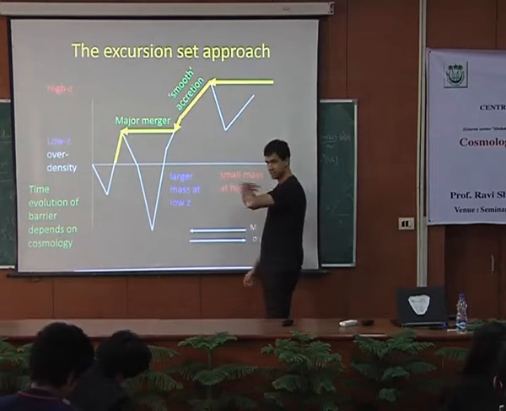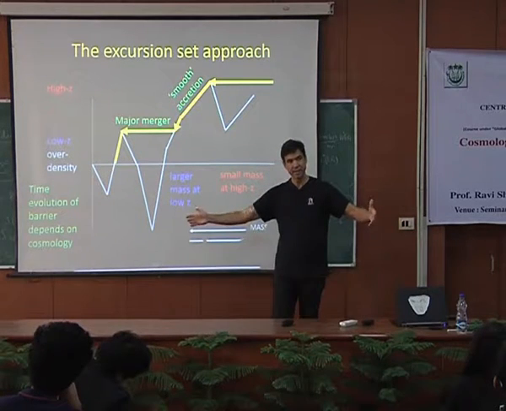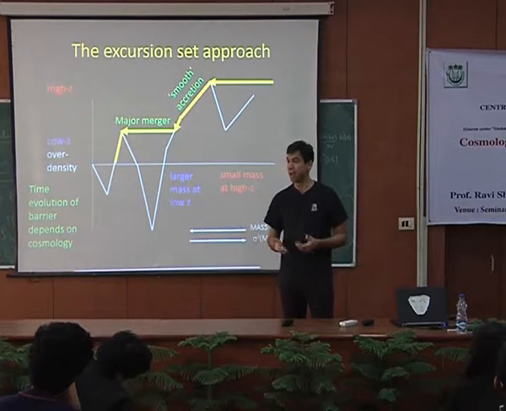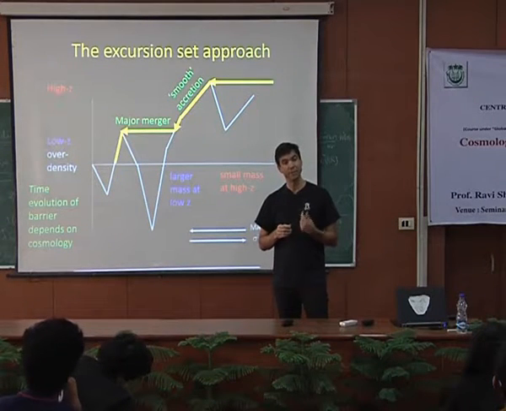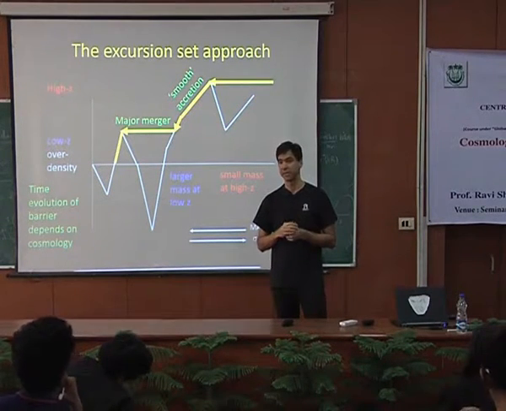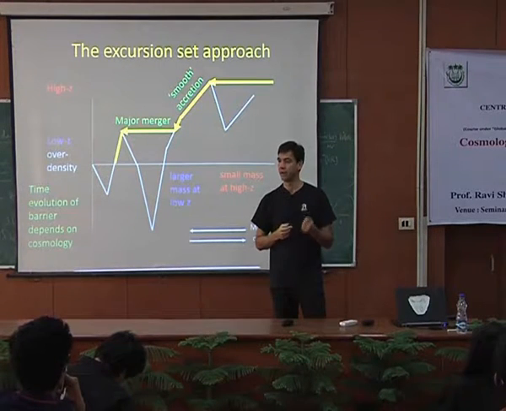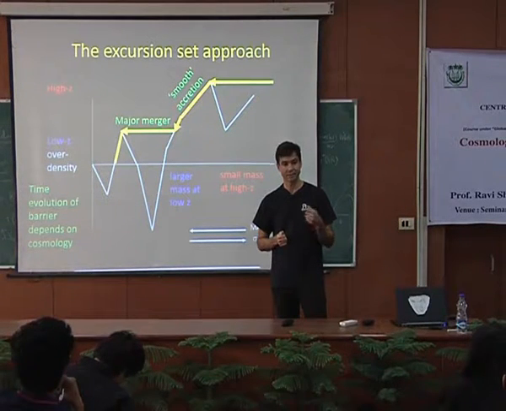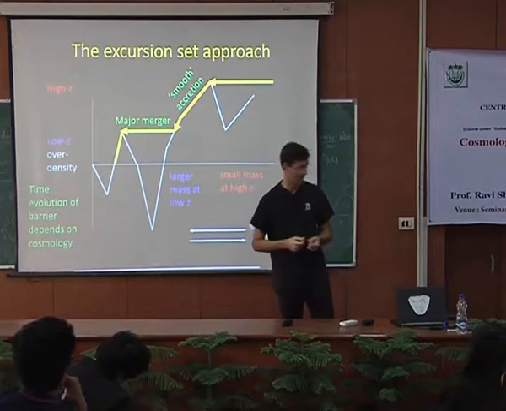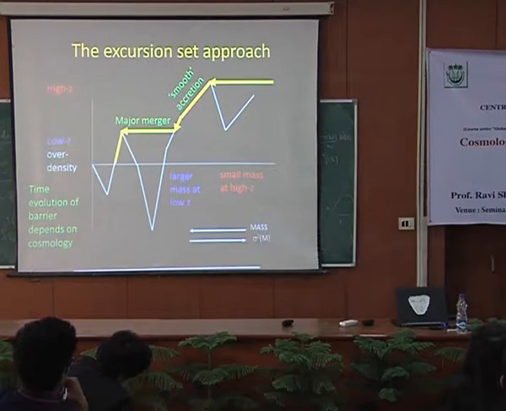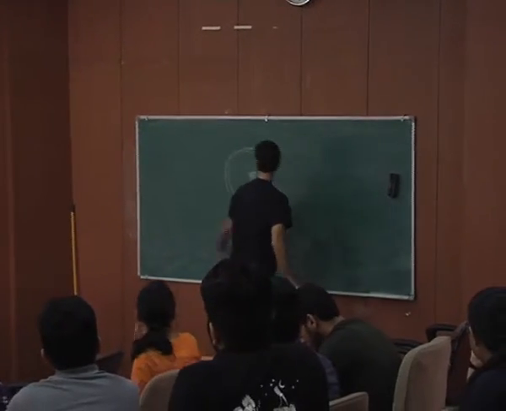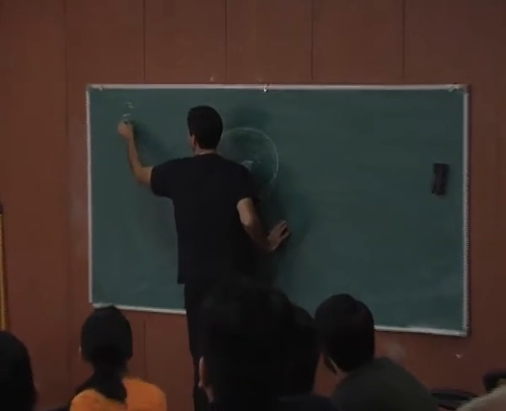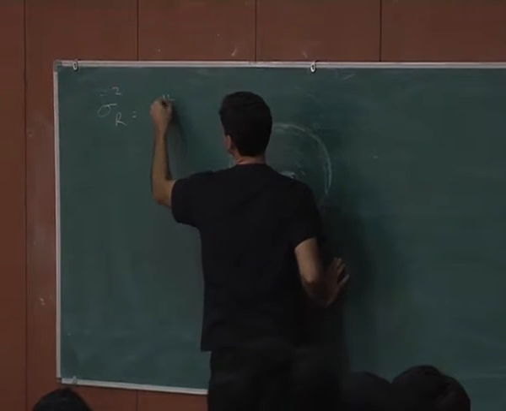Similarly, this axis, I've been talking about a smoothing scale, and mass inside the smoothing scale. But I could equally well, instead of talking about smoothing scale, talk about the variance of the density field in the smoothing scale, the thing that was called sigma squared R. Sigma squared R is some integral over the power spectrum.